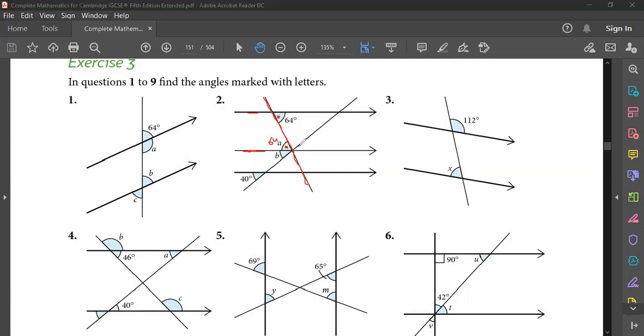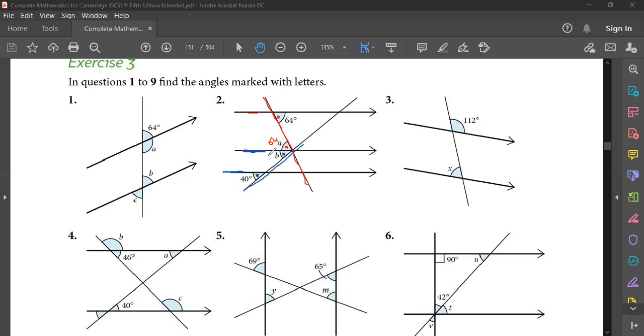Now I need to find angle B, look at 40. Who told me 40? This line is parallel to this line. So those two angles are? Corresponding. Right.